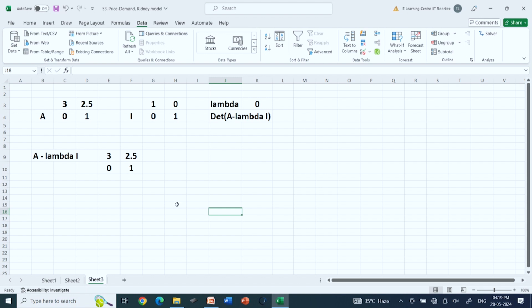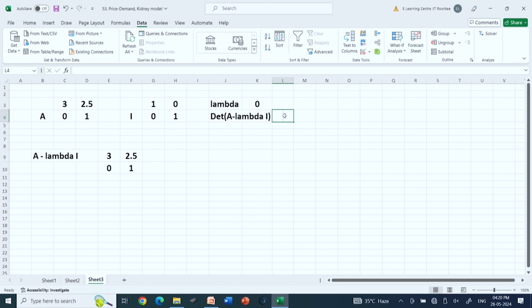So one more time, to calculate this A minus lambda I, you have to highlight these 4 cells first, put an equal to, select this A minus lambda multiplied by this I, and then press Control Shift at the same time and then press Enter. Then these 4 values will come. So this is your A minus lambda I. Next, you calculate this determinant of A minus lambda I.